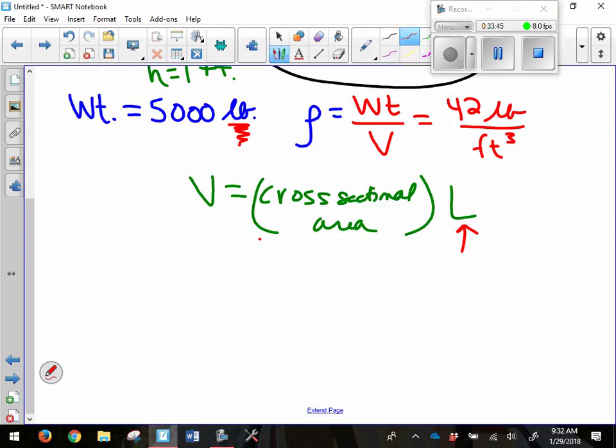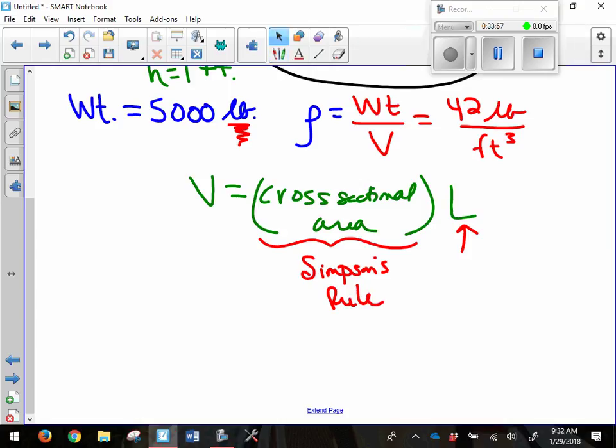And so how am I going to find the cross-sectional area? I'm going to use Simpson's rule. Why would I use Simpson's rule? Because we don't have a function, but we have the y values, which means that we should use some approximation.